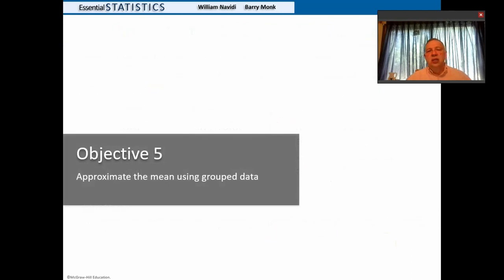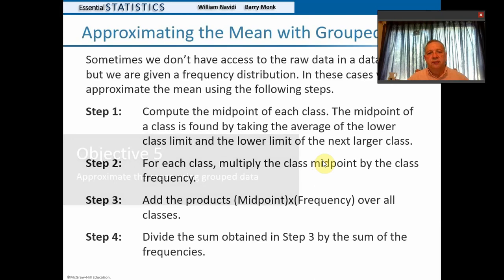So here we talked about doing the mean of just a data set where we added up individual data variables, the data points, divided it by the number of the data points that we had counted up. Here I want to approximate the mean using group data. So we're going to have to recall what group data is.